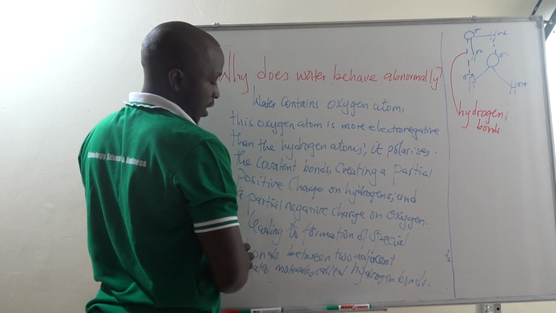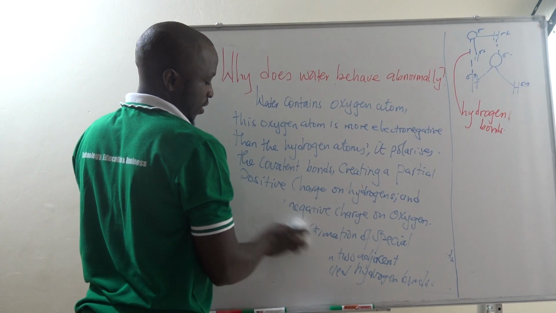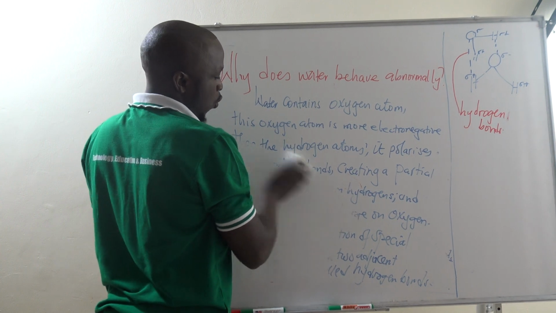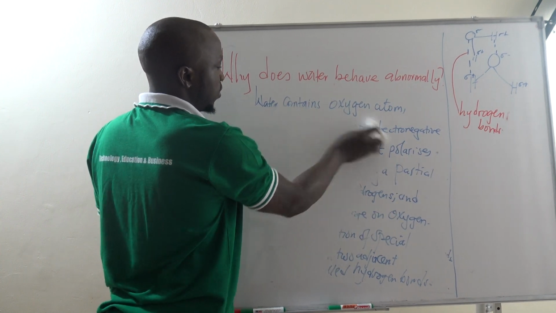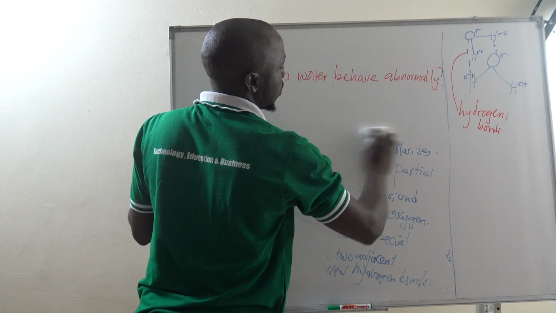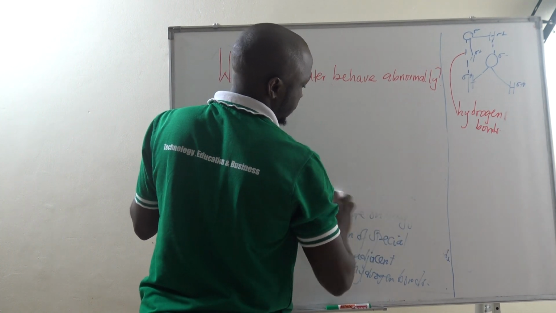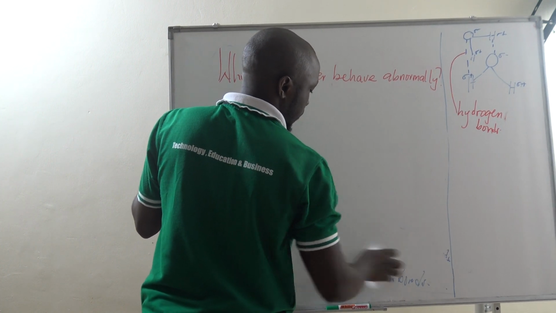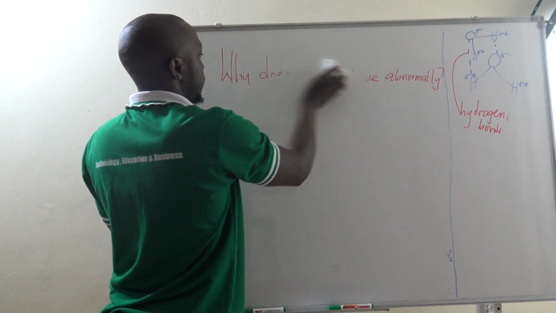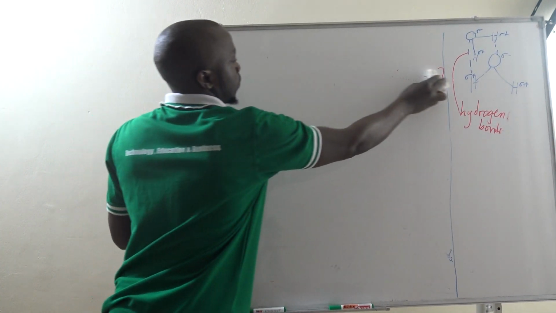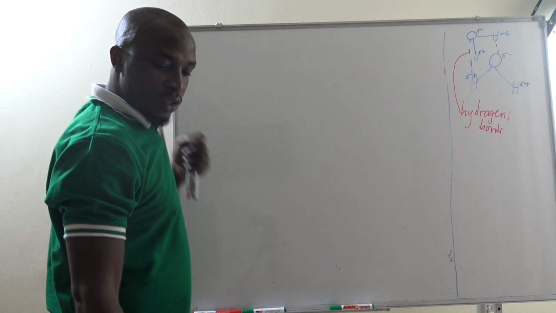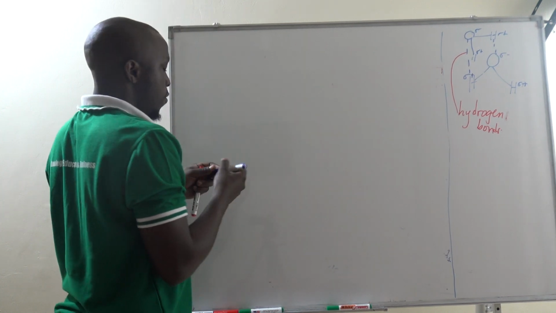So let's see, how does water look like? We want even to call it a water lattice. How does water look like? We are still expanding, why does water behave abnormally?